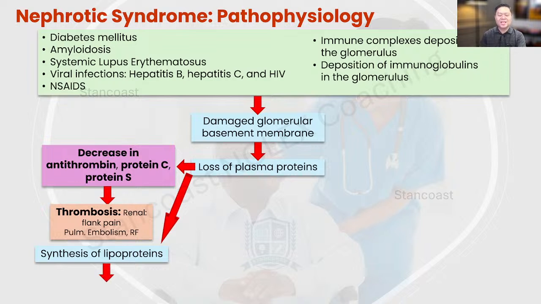That will lead to hyperlipidemia. And so there will be an increasing circulating volume of triglycerides. The LDL will be elevating. And for those patients that have been having recurrence of the nephrotic syndrome, then they're going to end up with some atherosclerotic disease later on.